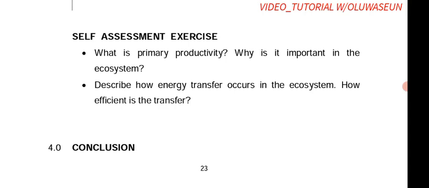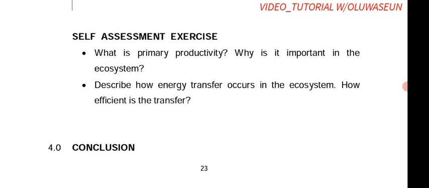So only 10% is available for him, and then 10% now divided by 4, because it is a quarter of energy. So that 10% will now reduce to 4%. And then if the tertiary consumer now eats the secondary consumer, the tertiary consumer is only eating 4% energy, and that one again will still be divided by 4, which is 1%.